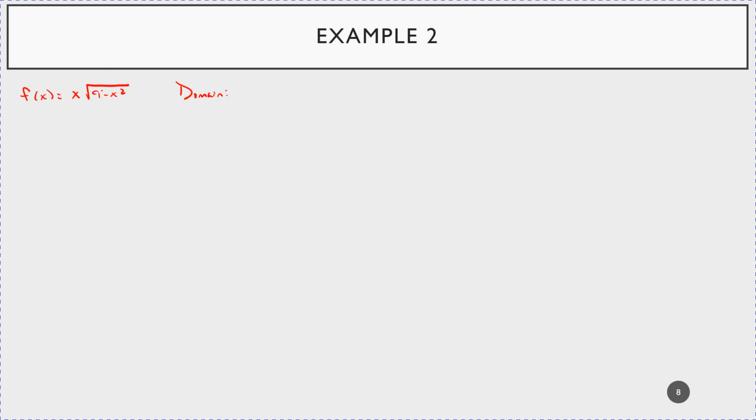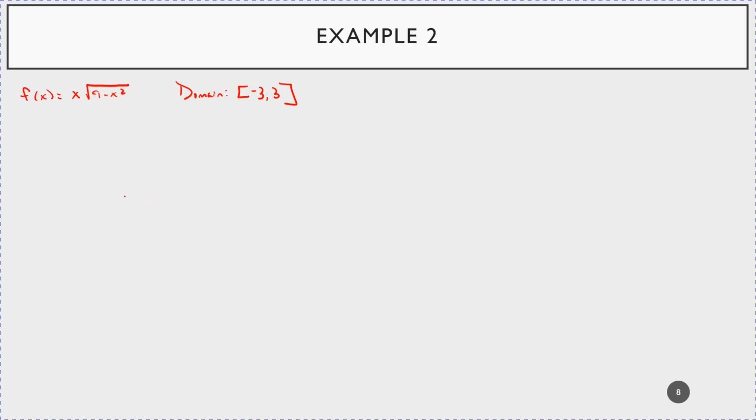Well, you can never have a negative under the square root sign, right? Then you get an imaginary number. So the domain is 9 minus x squared has to be greater than or equal to 0, and that'll hold for all numbers between -3 and 3.